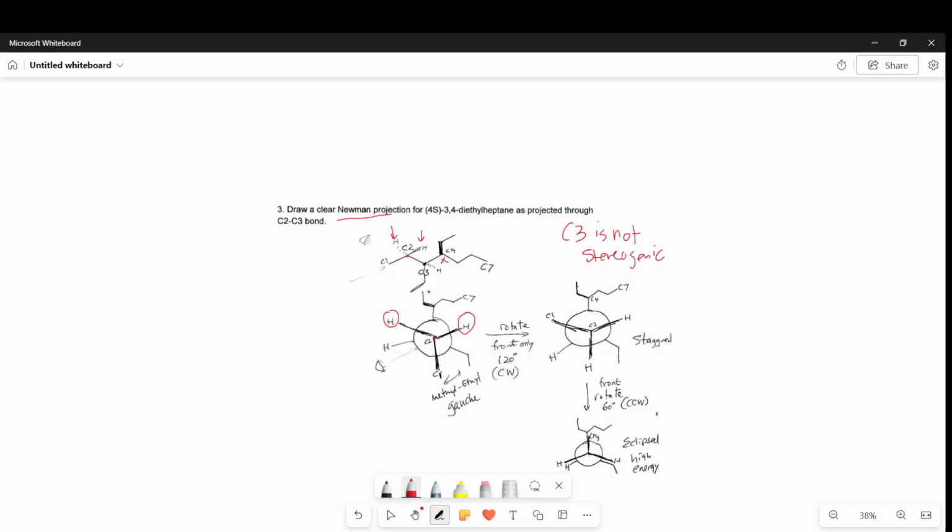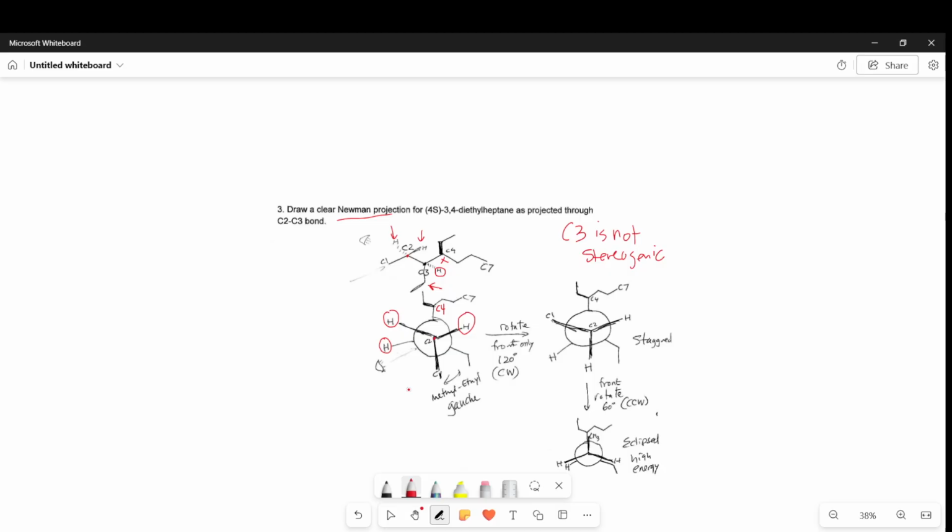So groups at the back on C3 are this ethyl group, this hydrogen right there, this hydrogen right there, and this whole group on C4. This is C4 right there. So this is a Newman projection.